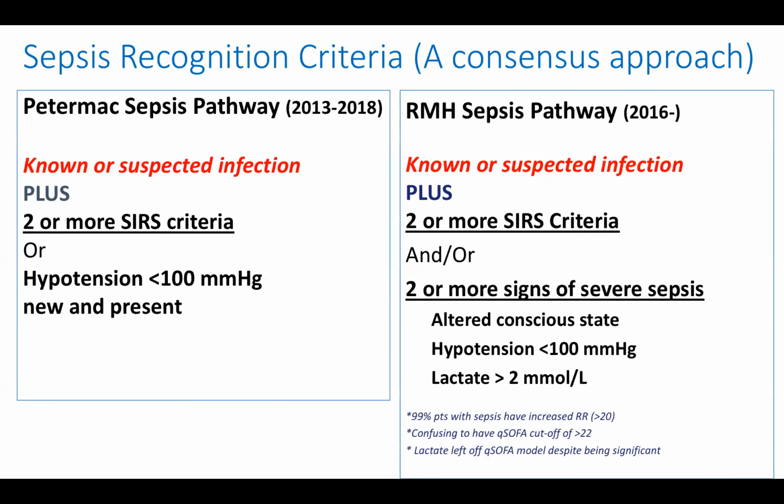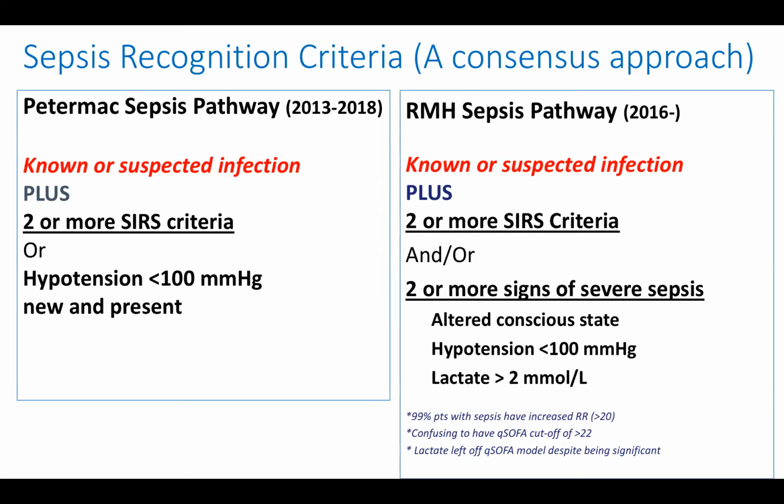There's been much discussion and debate around the use of sepsis criteria, and it was interesting to hear at ANZICS that their own analysis of the sepsis criteria has really led to the realisation that qSOFA is not feasible or practical anymore, and that there does need to be a recognition that hypotension and lactate are included as severe sepsis.